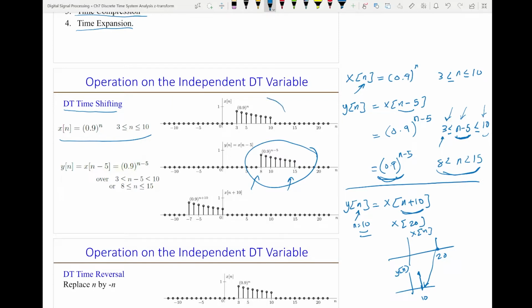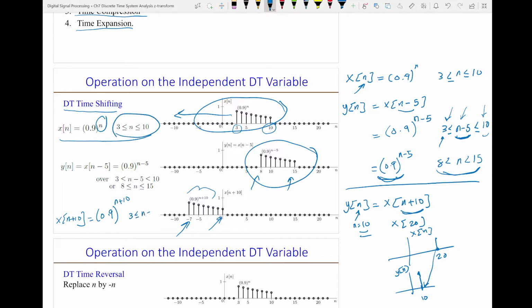So that means this signal here, I shifted 10 units to the left. So the 3 will be 3 minus 10, that's minus 7 here. 10 minus 10, that's 0. So that's here. The shape of the signal doesn't change. And if I want to find x of n plus 10 mathematically, I replace n here by n plus 10, and here replace n by n plus 10.